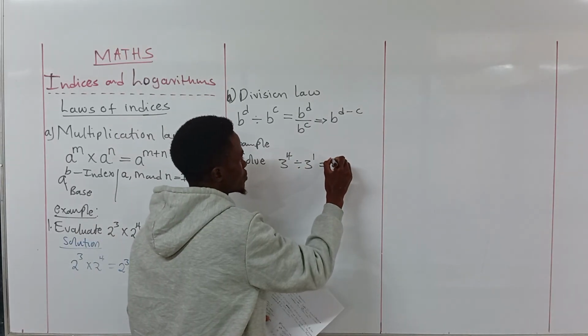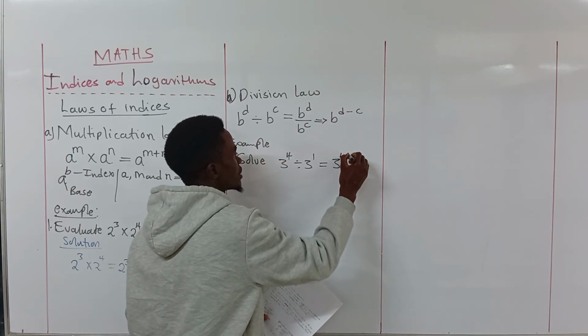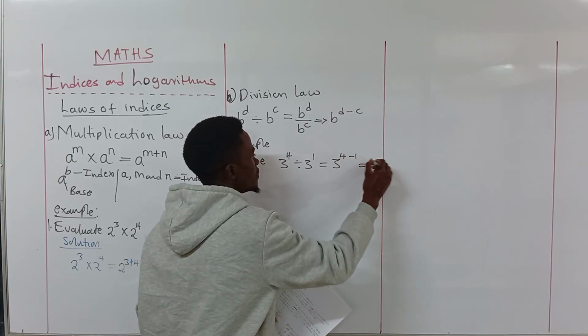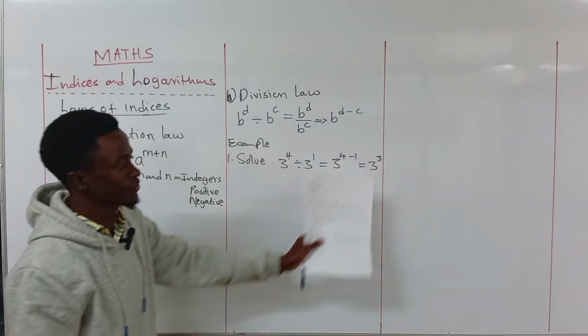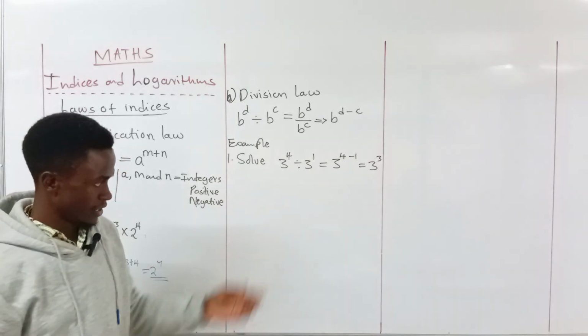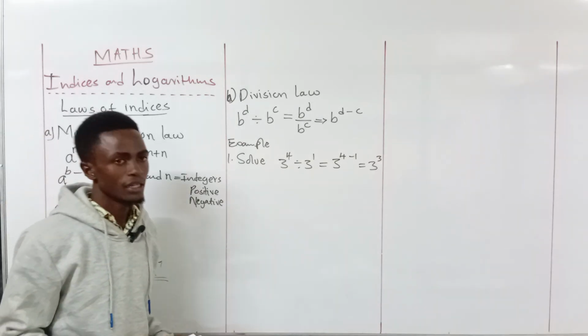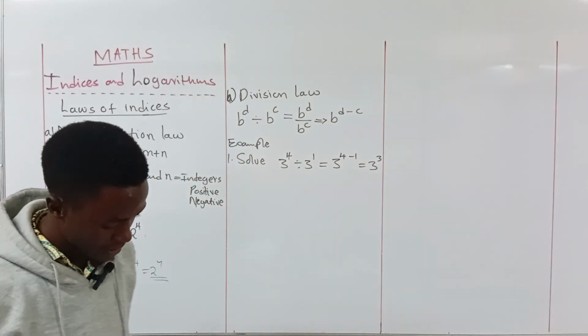So our base is going to be 3. But what do we do to the powers? We subtract them, and it's going to give us 3 raised to power 3. In index form, you can leave it that way, but when told to solve it, ensure you multiply 3 three times, which is 27.